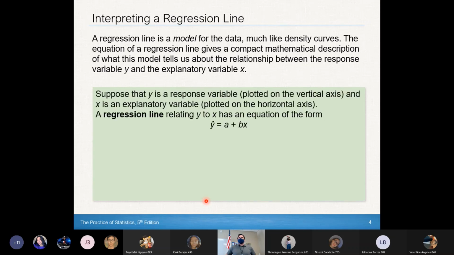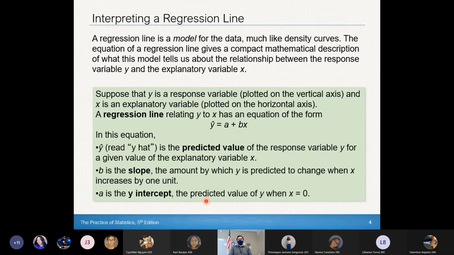Suppose that y is a response variable plotted on the vertical axis, and x is an explanatory variable plotted on the horizontal axis. A regression line relating y to x has an equation of the form y hat equals a plus bx. It's basically the equation of a line. So instead of y equals mx plus b, we've rearranged the letters just a tiny bit.